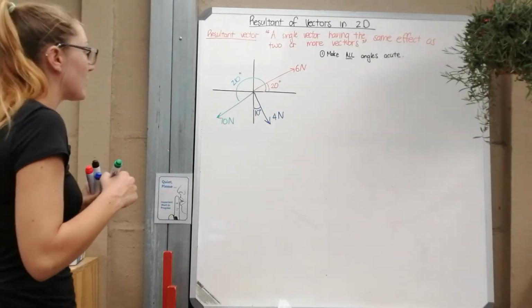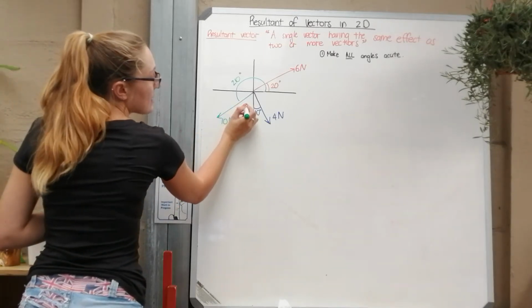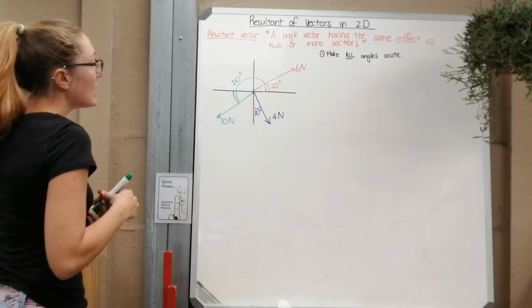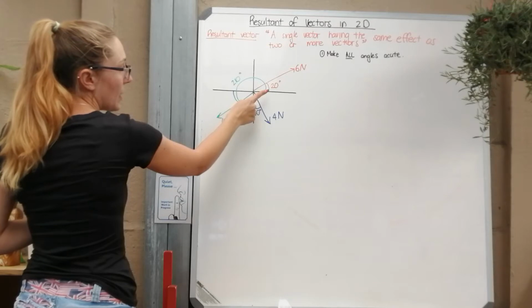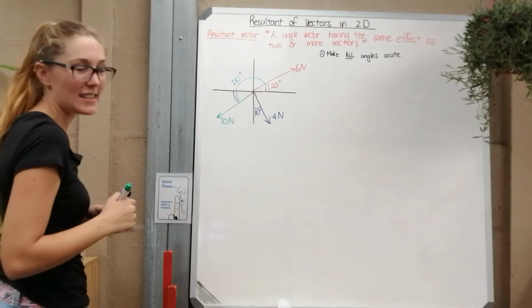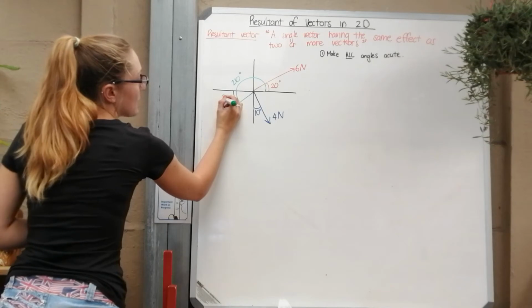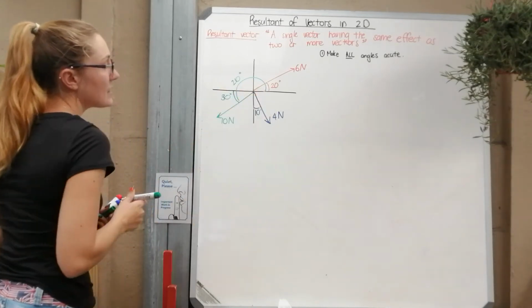So we need to make that an acute angle. Now it's up to you if you want to determine it off the y-axis here or off the x-axis. I'm going to do it off the x-axis. Now we know that from there all the way to there is 210, and we know that section of it is 180. So from that we can say, well, this small little slice here must be 30 degrees. Okay? 210 minus the 180, that's 30 degrees.